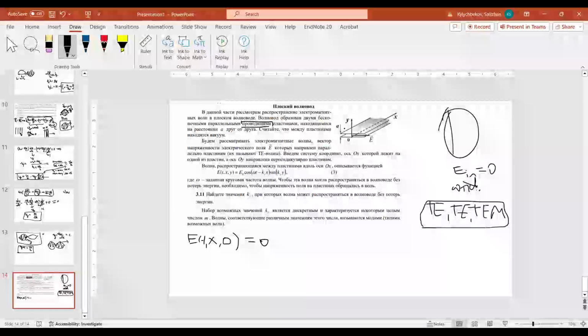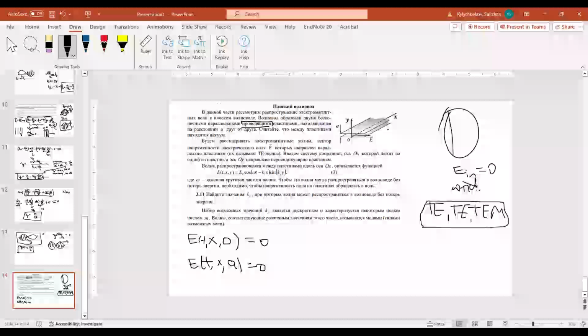That is the first boundary condition here. The second boundary condition is: the electric field at any time t, any x location, at y equals a, is equal to 0. So we have two boundary conditions on the y-axis, and because of that, we will find this.